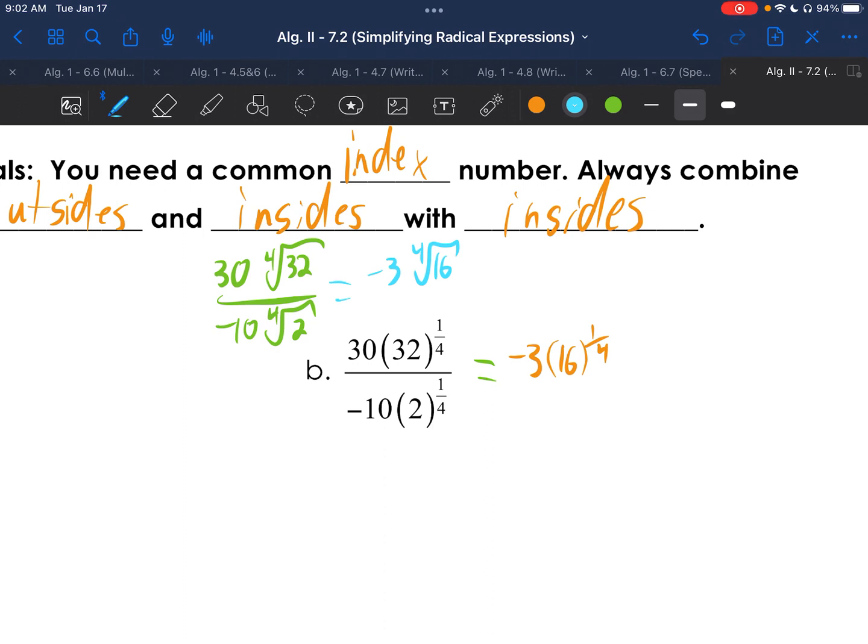If you prefer the exponent model in the orange, feel free to do that. So then we say, okay, the fourth root of 16, or 16 to the 1/4 power, which is once again the same thing, is 2, so we get negative 3 times 2. We multiply those together, we get negative 6 as our answer, either scenario.